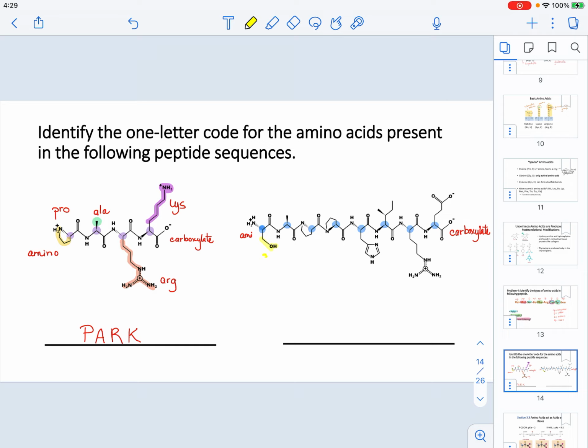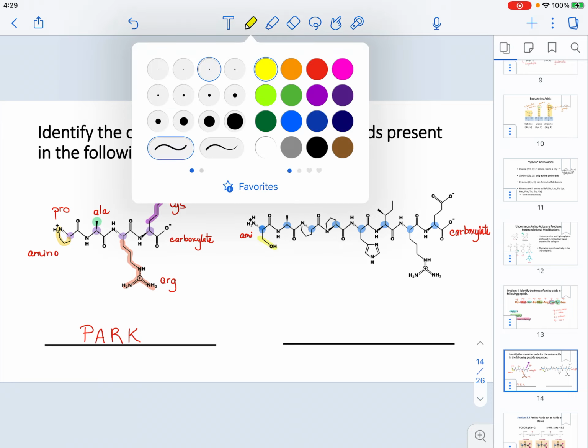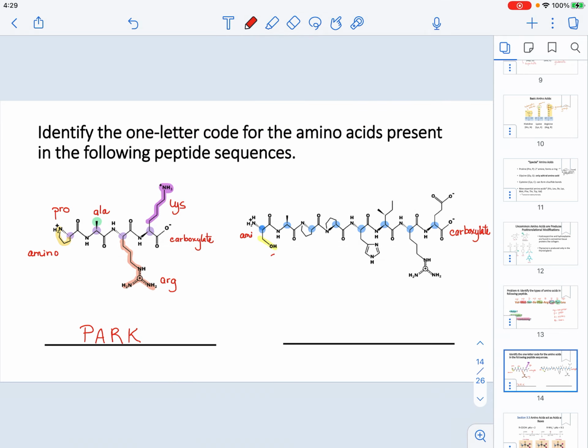So that is serine. Serine is a capital S. Next amino acid that I have is a methyl group. The amino acid that has a side chain that is a methyl group is alanine. So the letter A is going to be the one-letter code.